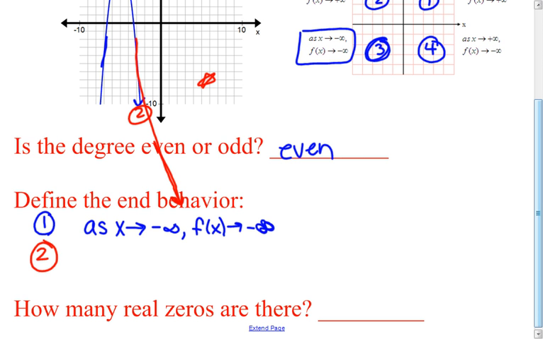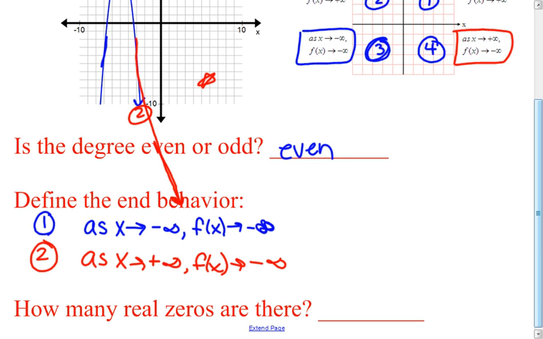Okay, so it does actually end in quadrant 4, and in quadrant 4 I'm going to use this. As my x's get bigger because I'm moving to the right, basically you're moving to the right and down. So what that means is your x's get bigger. As your x's get bigger, your y's will get smaller.